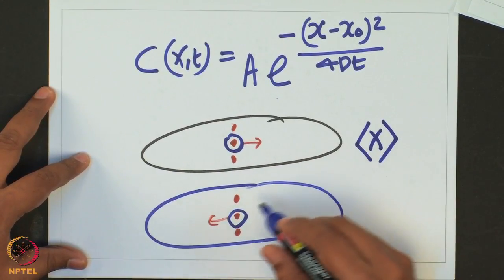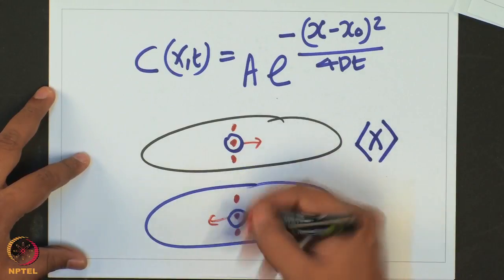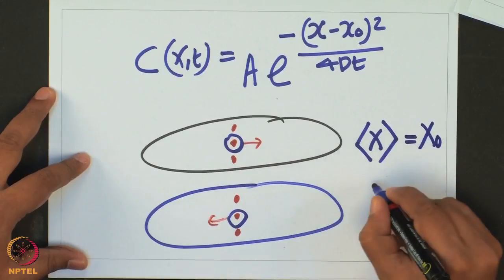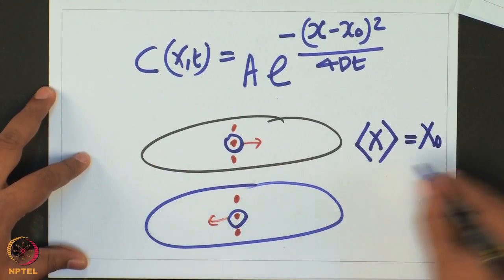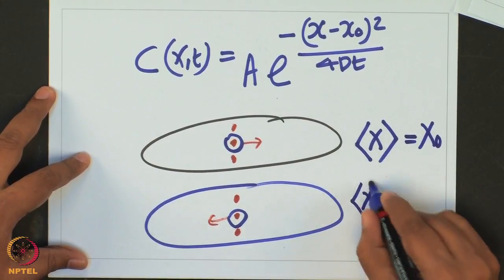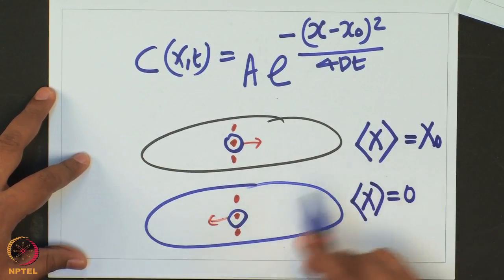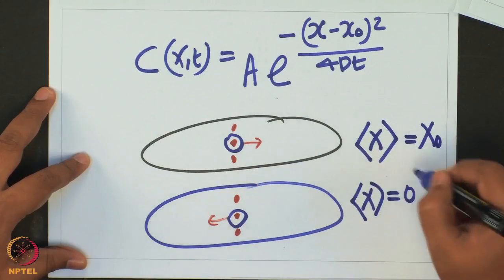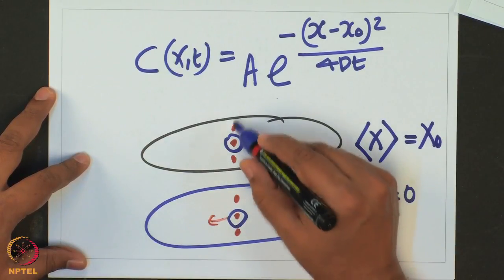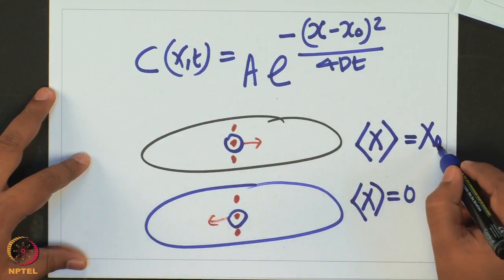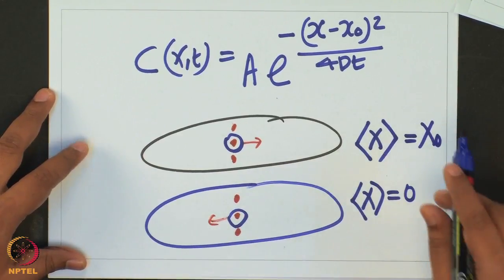It turns out that if you average over many realizations, since things are symmetric, the x average will be x0, or if x0 is 0, the x average will be 0. Otherwise, on an average, it would be at the peak at this initial position itself.